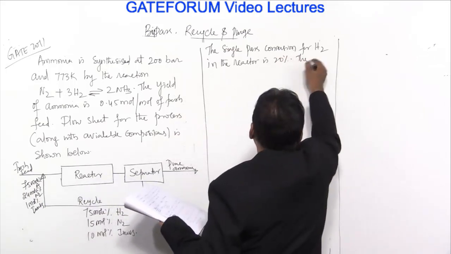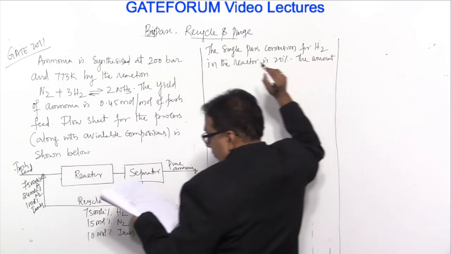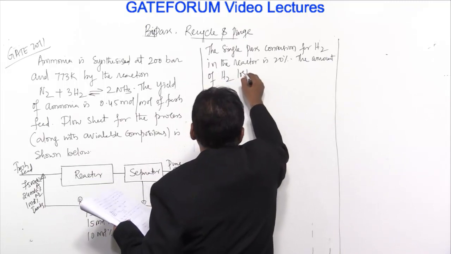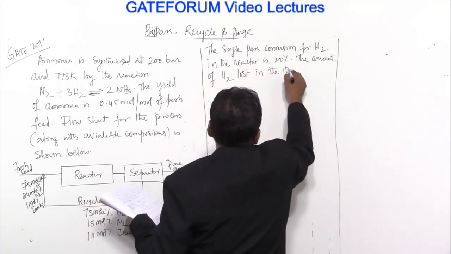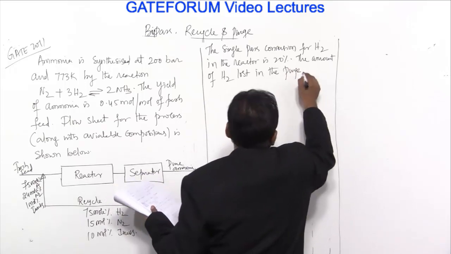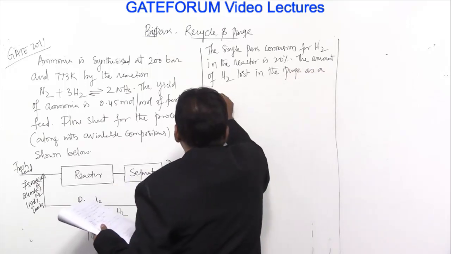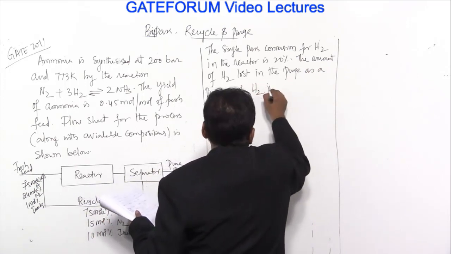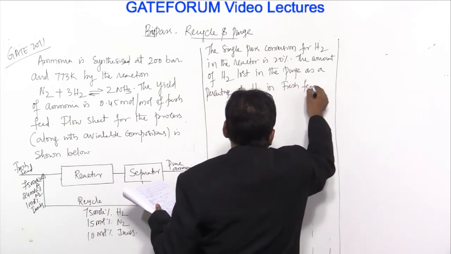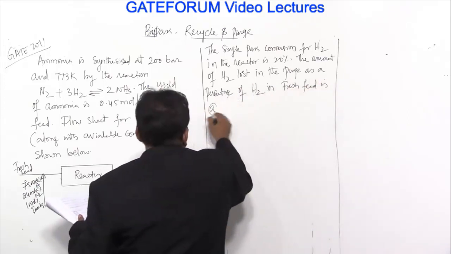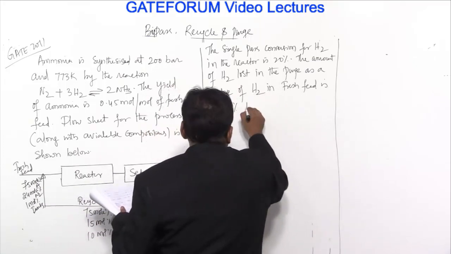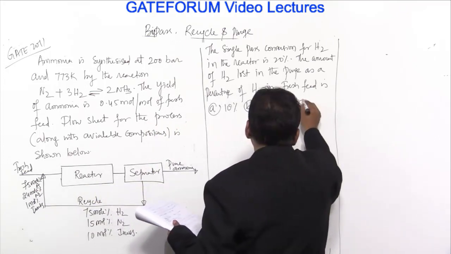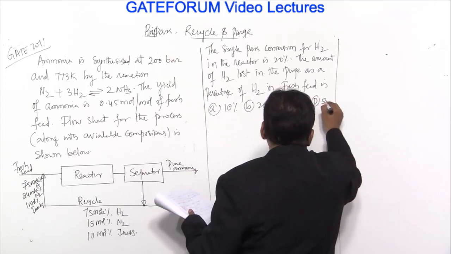The amount of H2 lost in the purge as a percentage of H2 in fresh feed is: A 10%, B 20%, C 45%, D 55%.